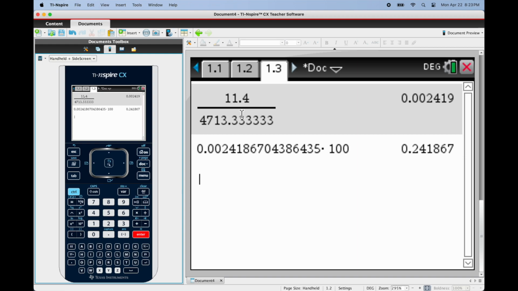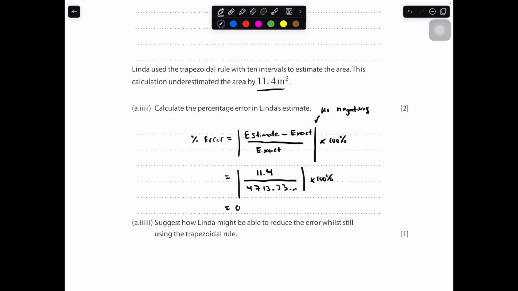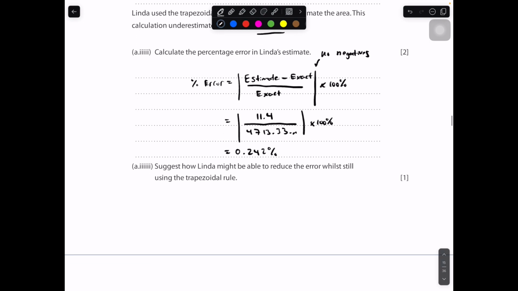Remember, if you work this out and you get a negative, percentage error says no negatives allowed. That's why we have the absolute value sign. So here we have 0.242% after we multiply it by 100. So let's go back to the document. 0.2418 or 2.42%.